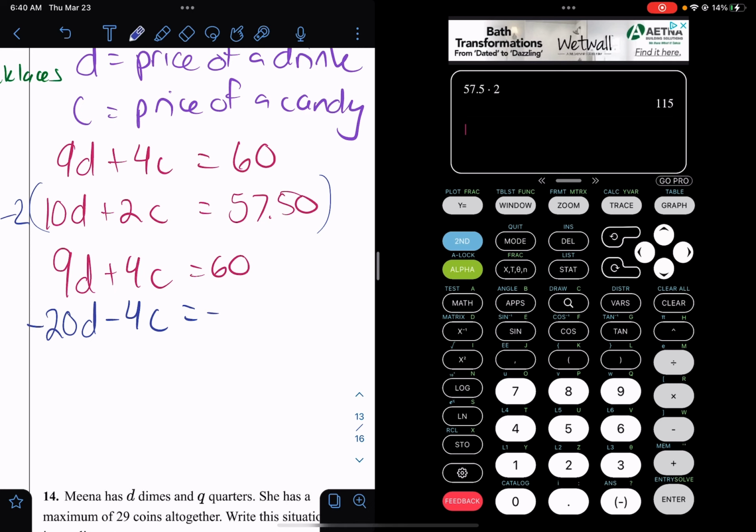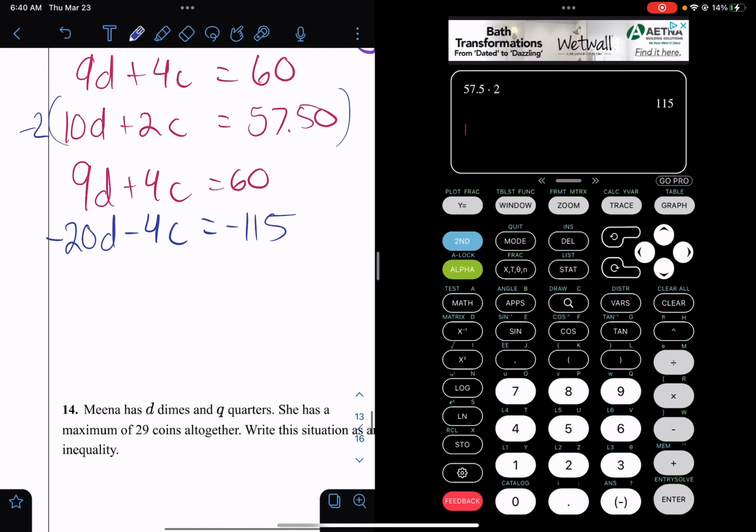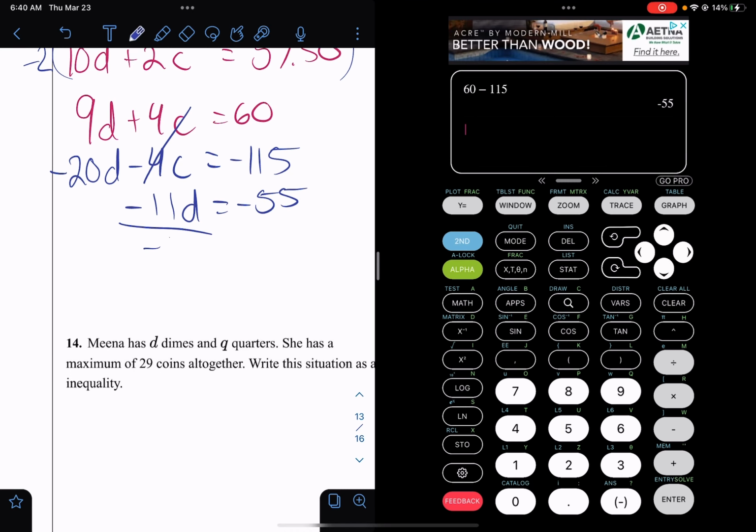So that's going to be -115. So these guys cancel, and we get, wow, sorry, my brain's hurting, -11D is going to be equal to 60 minus 115, and that's going to give us -55. So then we divide, and we get that D is equal to 5.